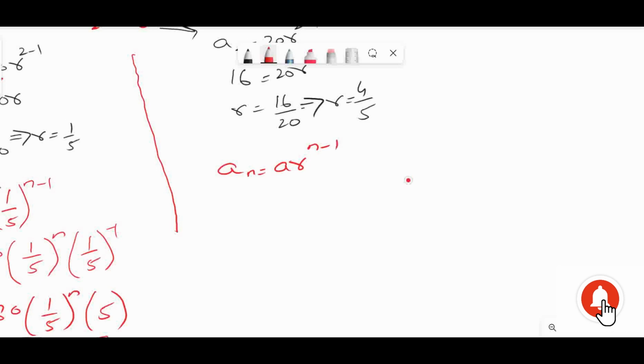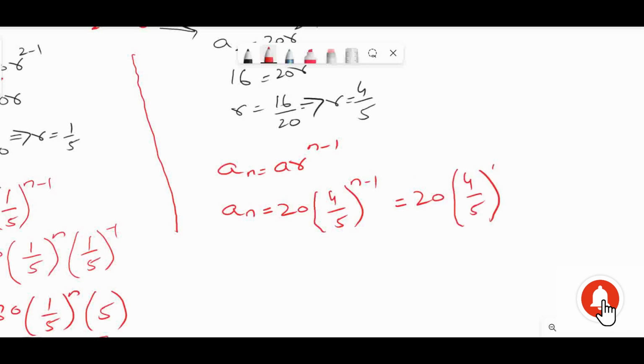We don't know the value of n, so the expression for a_n will be equal to 20 into 4 by 5 whole to the power n minus 1, and we can simplify it as 20 into 4 by 5 whole to the power n, into 4 by 5 whole to the power minus 1.